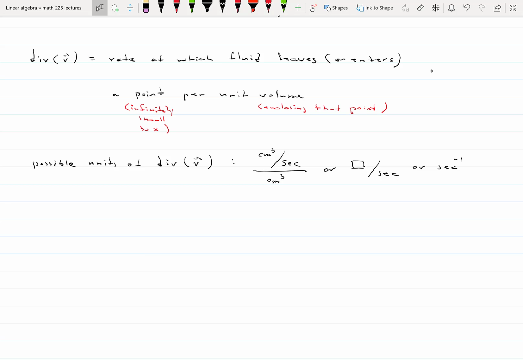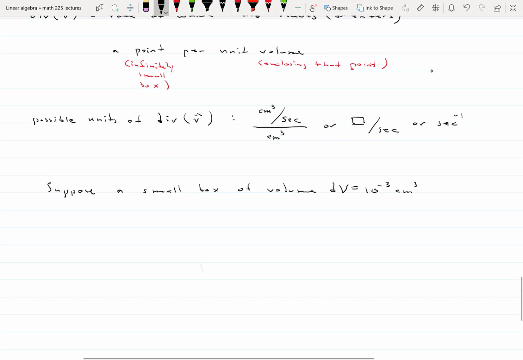Okay, so suppose for example that a small box of volume 10 to the -3 cubic centimeters contains the point 1, 2, 3. Suppose a small box of volume, and we'll give the volume a quantity dV, is 10 to the -3 cubic centimeters.